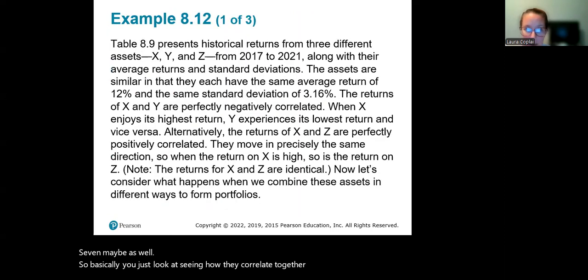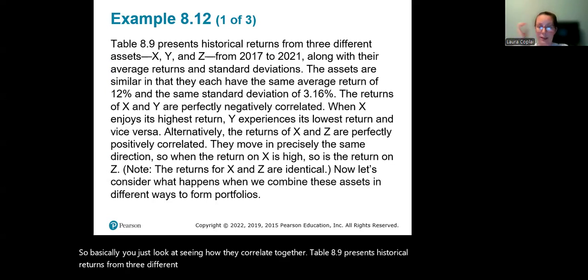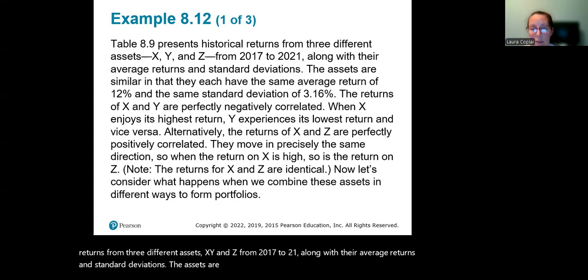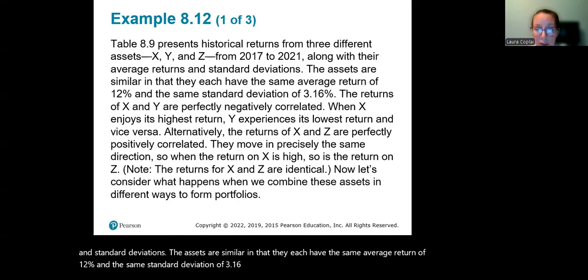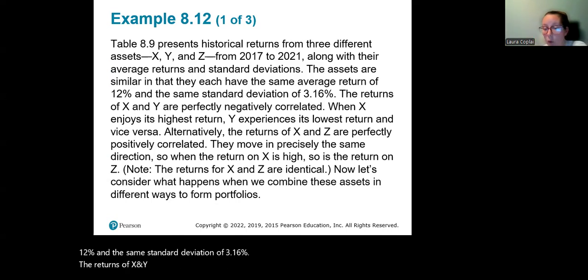Table 8.9 presents historical returns from three different assets, X, Y, and Z from 2017 to 21, along with their average returns and standard deviations. The assets are similar in that they each have the same average return of 12% and the same standard deviation of 3.16%. The returns of X and Y are perfectly negatively correlated, so that is a perfect -1.